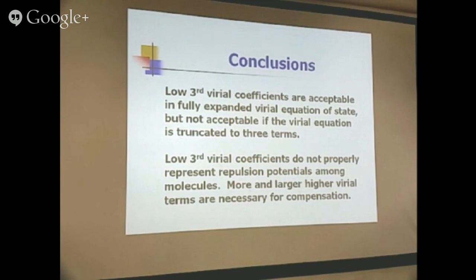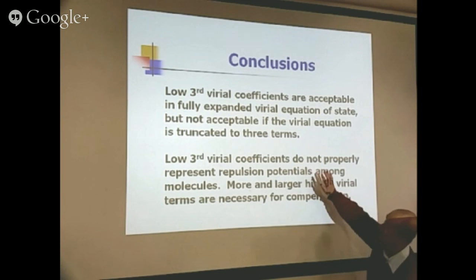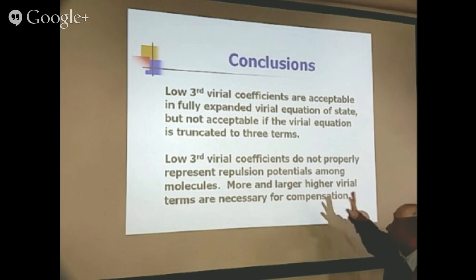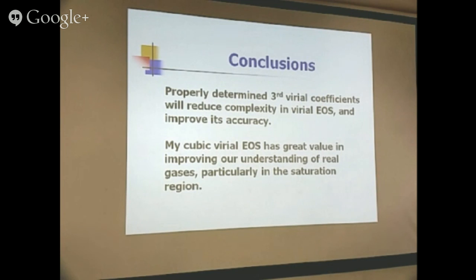I think what I'm doing here is trying to represent all the repulsion potential using the third Virial coefficient, and that requires a very big third Virial coefficient. If the third Virial coefficient is properly determined, the complexity in the Virial equation can be reduced, because if you have all the weight collected in the first 2 coefficients, all the other coefficients will get smaller and smaller very quickly.